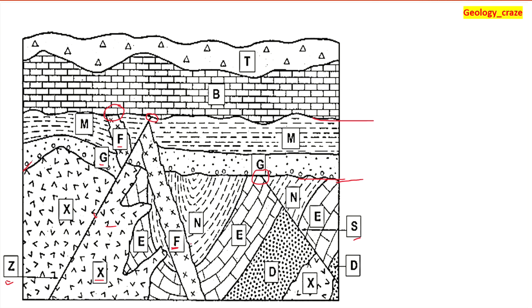If we look at this, the granite is intruding into D and E, and that strata is already folded. That strata is already folded and the intrusion is into it. So it means this granite body is younger than the DEN.